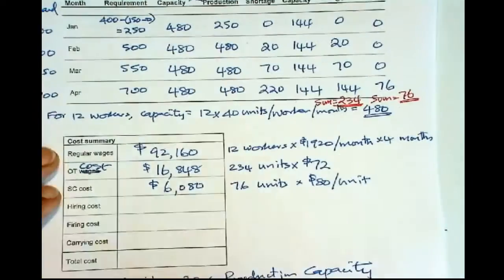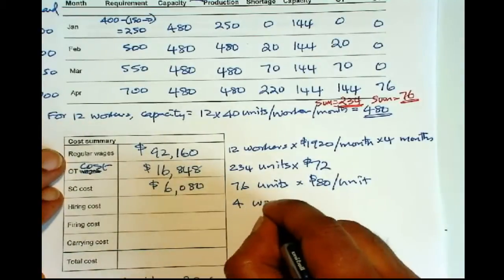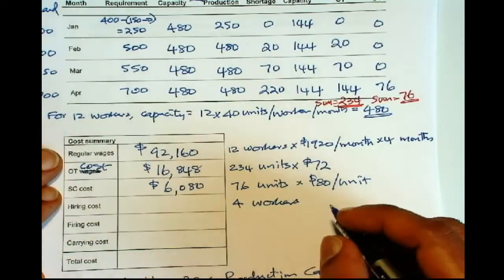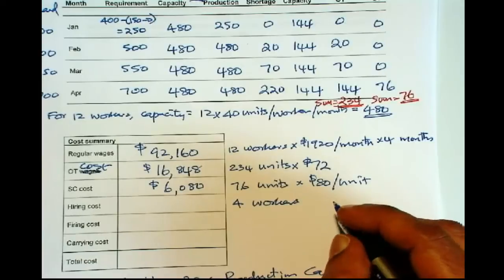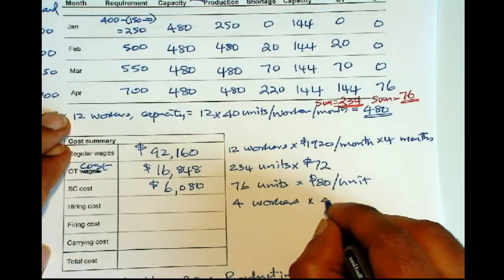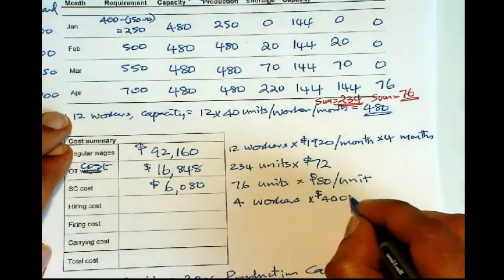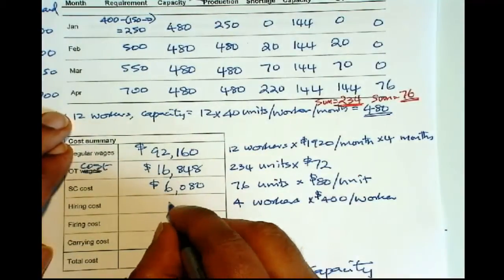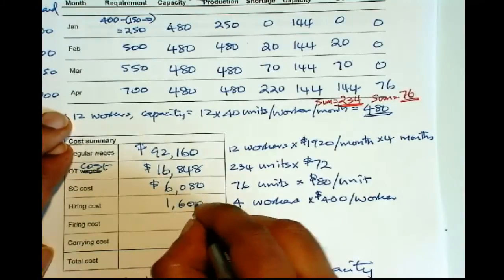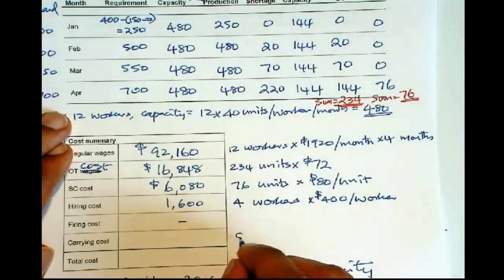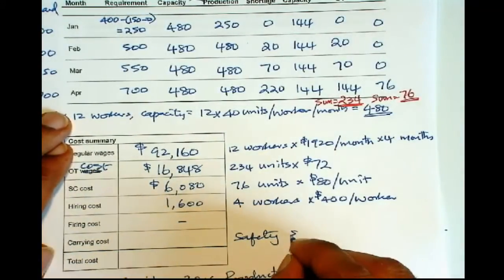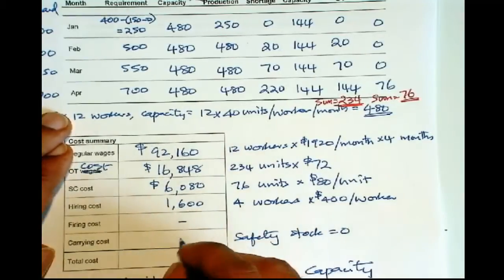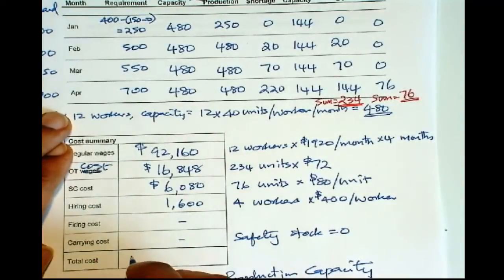So 4 workers times $400 for hiring cost per worker given. So that will be $1,600. There is no firing cost, and safety stock is 0. So there is no carrying cost. The total cost is $116,688.